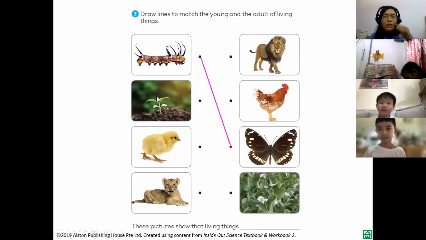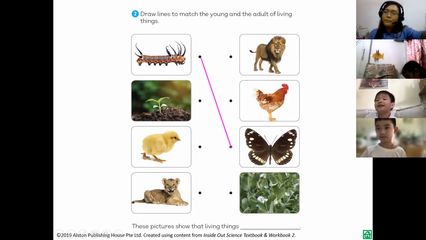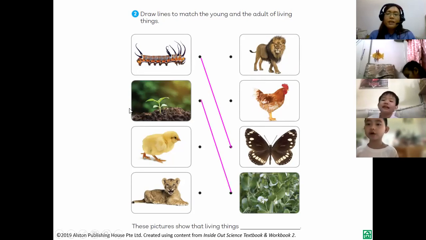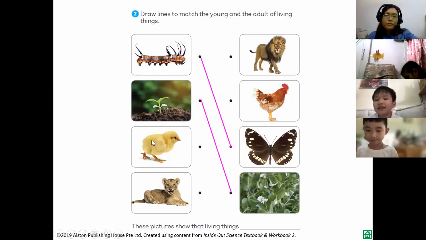What about this one? It's a young plant. Flower. Okay, what number? Number 4. Number 4, good job. And we have a chick. Chicken is number 2.